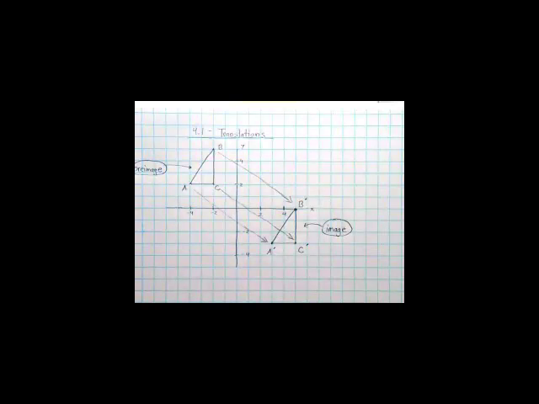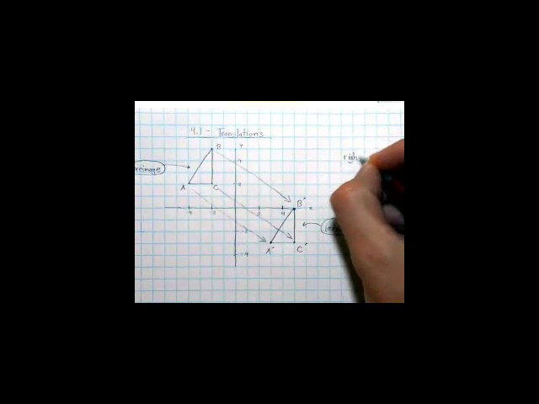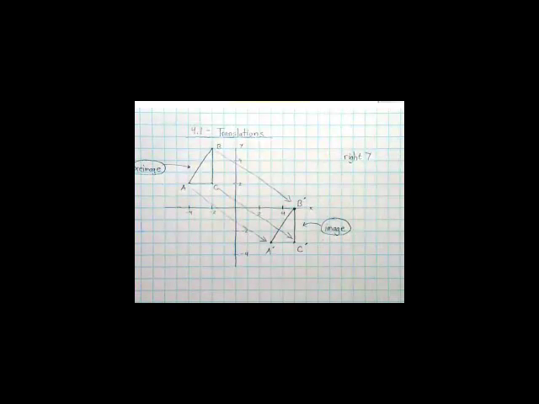So, take a look at how I graphed this thing, and let's start with the horizontal movement. How far did this thing move just horizontally, left to right? How far did it go? 7? It looks like, yeah, 7. Okay, so it went to the right 7, and then vertically, how did it move?